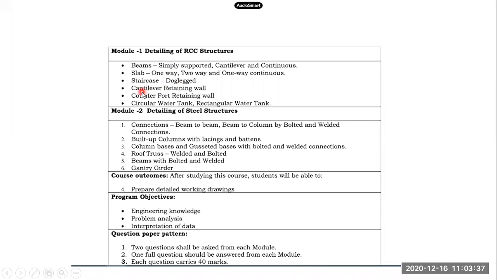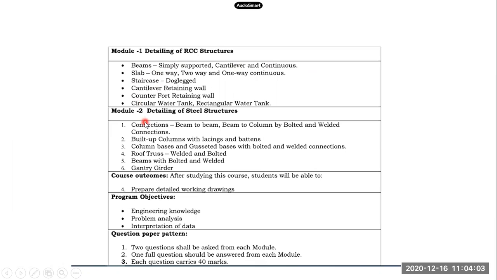In the present semester, you have studied the design of retaining walls, that is cantilever retaining wall and counterfort retaining wall, and also circular and rectangular water tanks. So this is the RCC part. You'll be doing the detailing of these components: beams, slabs, staircase, retaining wall, and the water tanks. This is what you have as per your syllabus.